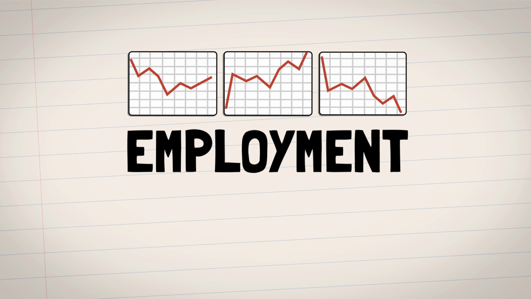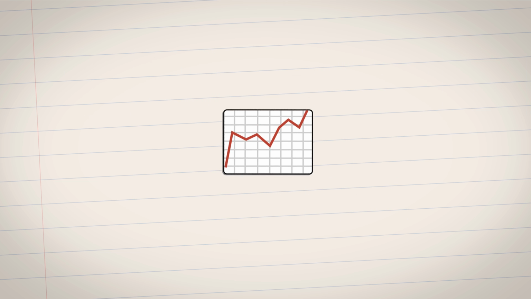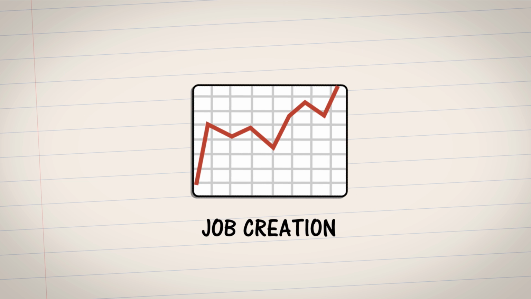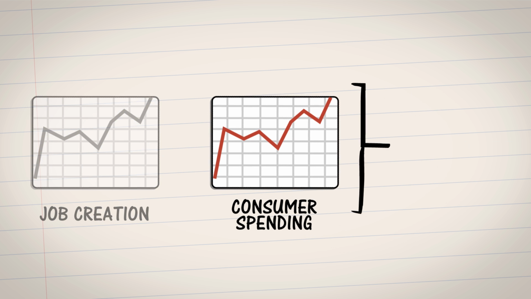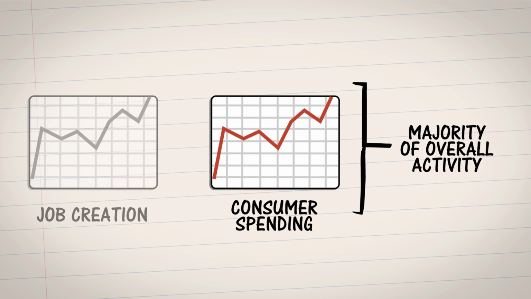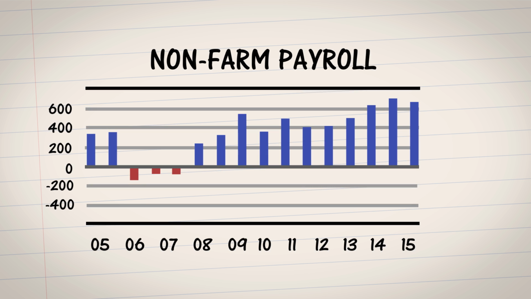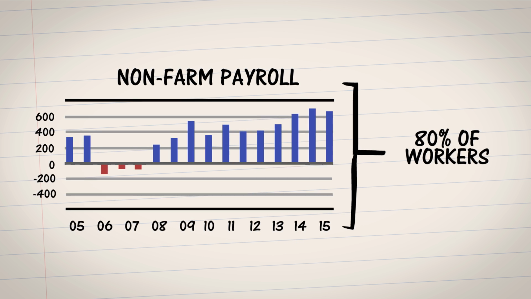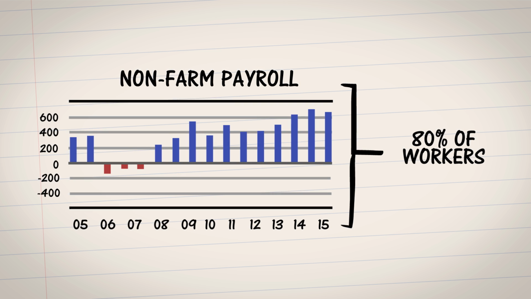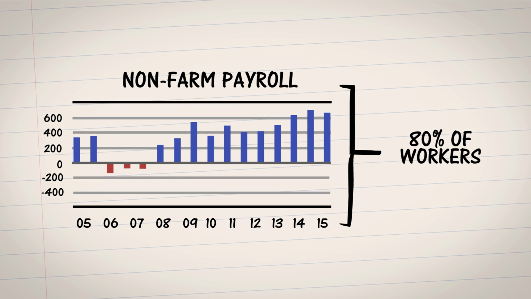Next, employment and jobs data. This data is very important because job creation is a leading indicator of consumer spending, which accounts for a majority of overall economic activity. The most important figure is the non-farm payroll, which accounts for approximately 80% of the workers who produce the entire gross domestic product of the United States.